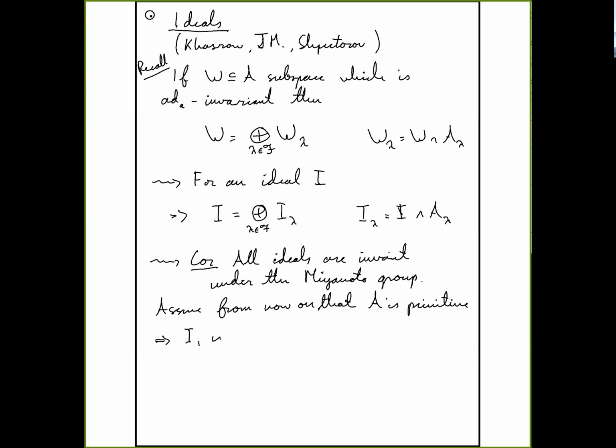So I_1 is either 0 or 1 dimensional. Another way of putting this, with respect to some axis A, is if it's one dimensional, then I must contain A. If it's zero dimensional, then I does not contain A. So what I'm going to do is split my ideals into two different classes.